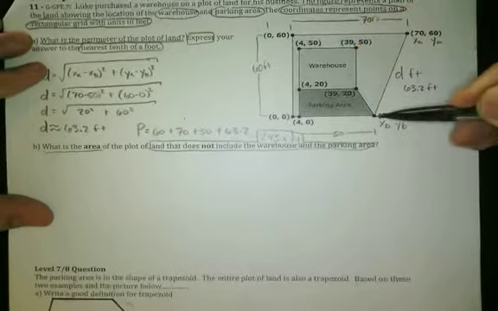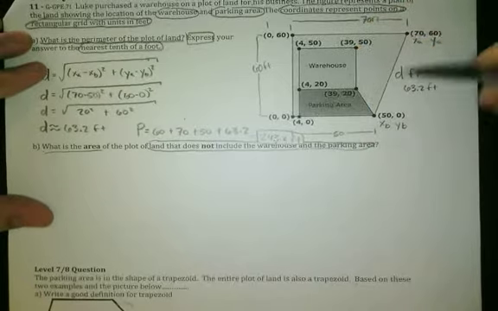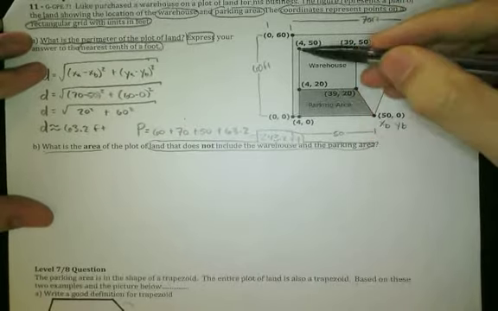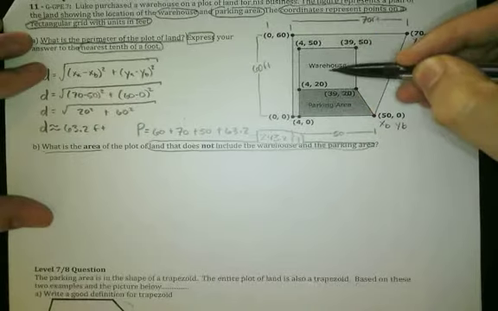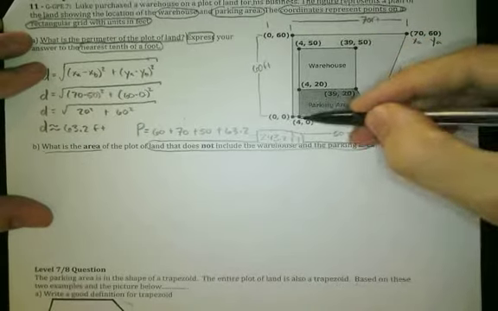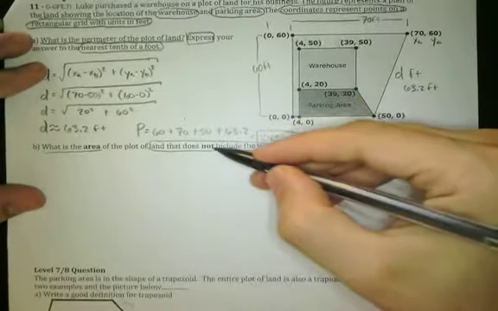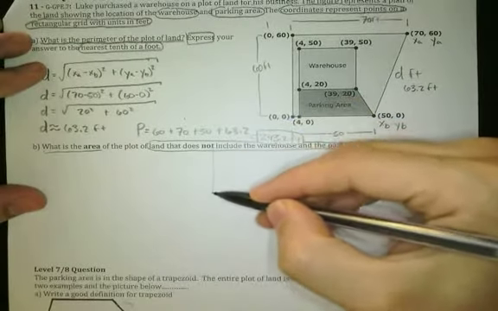So the way I interpret this is out of the total area, the total plot of land, how much land am I left with if I take away the area of the warehouse and I take away the area of the parking area? So in my mind, there's two things that I need to find.